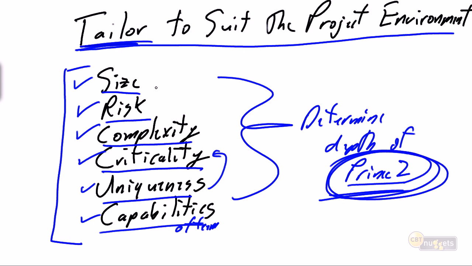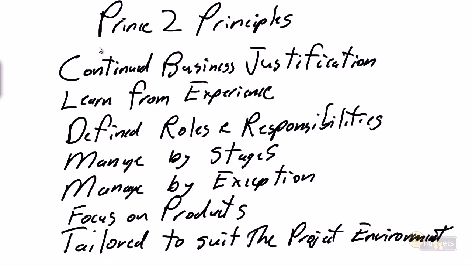And that's one of the biggest things a lot of newcomers to a formal approach such as Prince2 have trouble adapting to: trying to implement 100% of the solution when the complexity, the size, the risk of the project doesn't require 100% implementation. And this concludes our nugget on the 7 Prince2 principles.